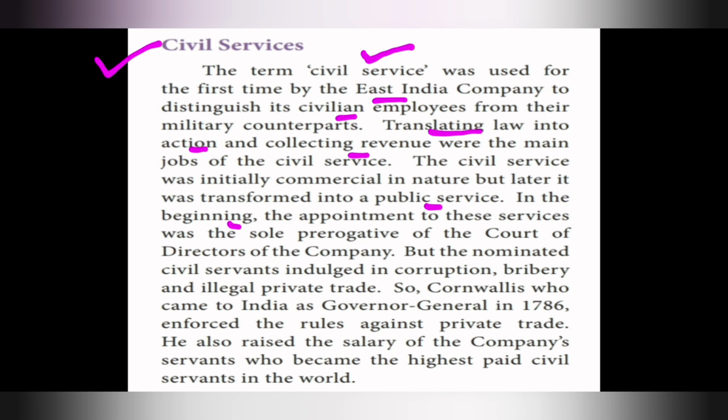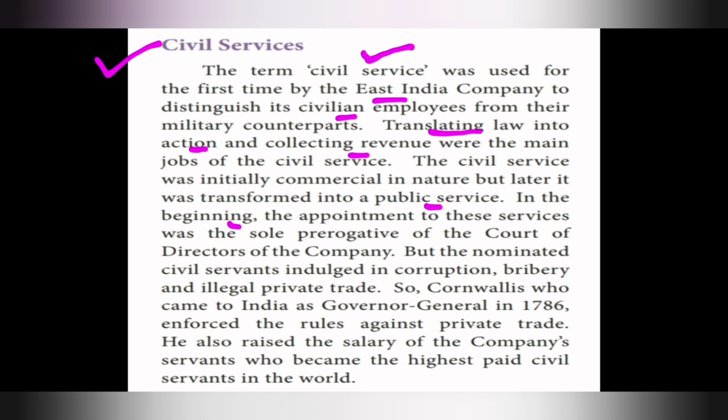In the beginning, the appointment to these services was the sole prerogative of the Court of Directors of the company. Prerogative is nothing but a right or privilege. In Tamil we say urimai.